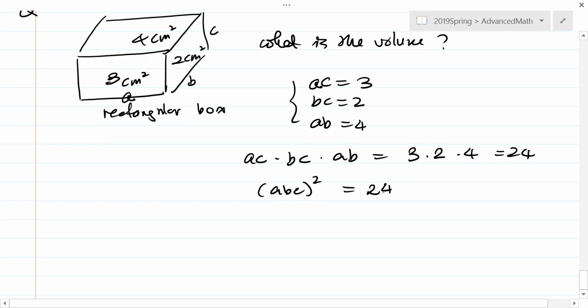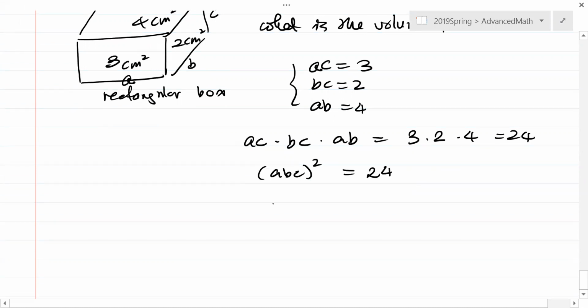Since we already know ABC must be positive, ABC is going to be square root of 24. But if you do not multiply them out before, then you can probably quickly pull out the 4, right? It's 2 square root of 6. So this gives the volume already.